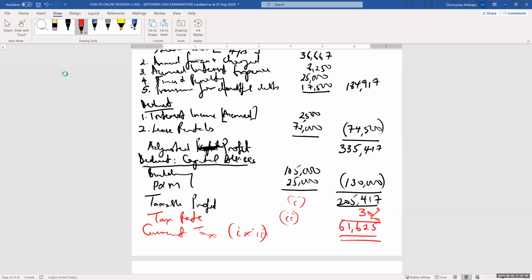The lease rentals, they said the annual lease rental is 72 million and was paid on 31st December. Isn't that a deduction before arriving at the accounting profit? Okay, if you remember that in a finance lease, you don't deduct the lease rental in your profit or loss.